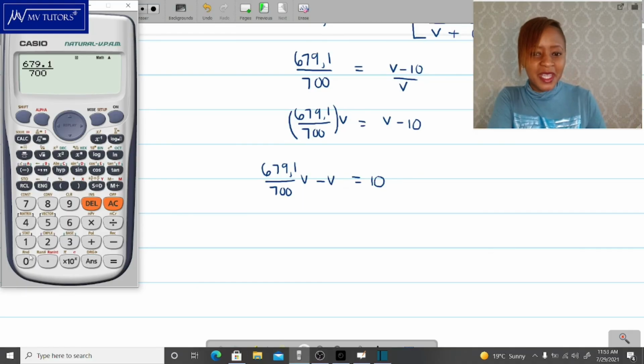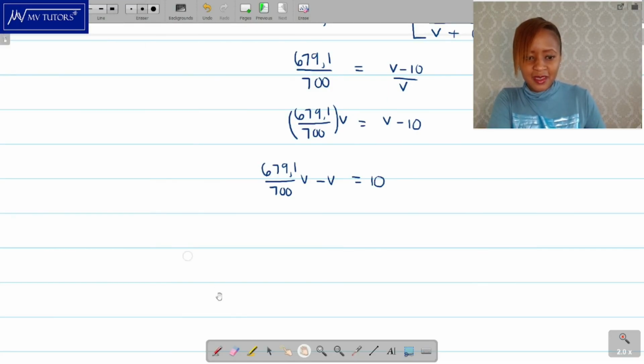Over 700, and I am subtracting 1. So I get, oh gosh, such a big number. So I get negative 0,0298. I hope I remember it. So negative 0,0298.